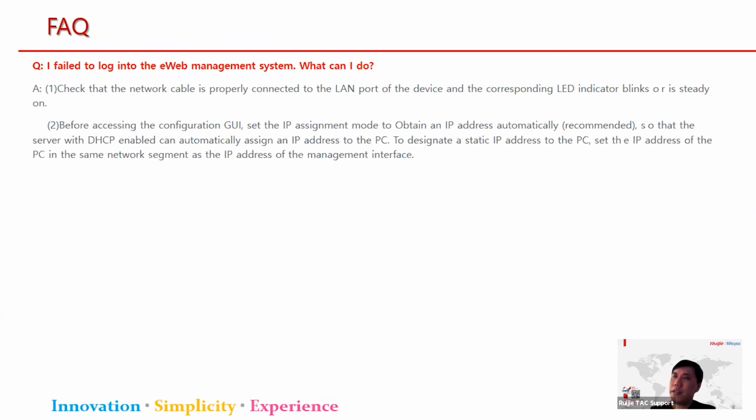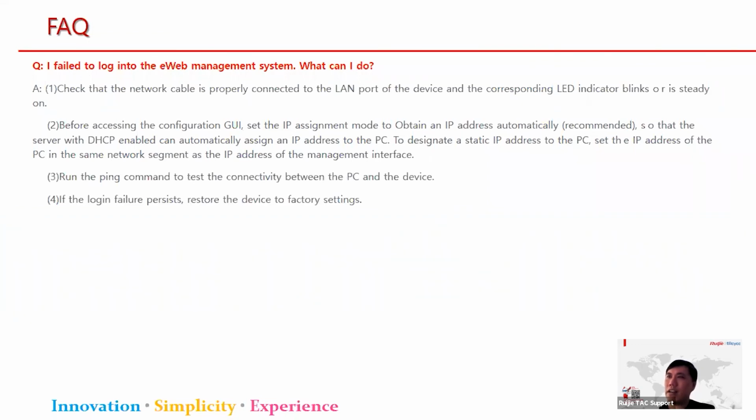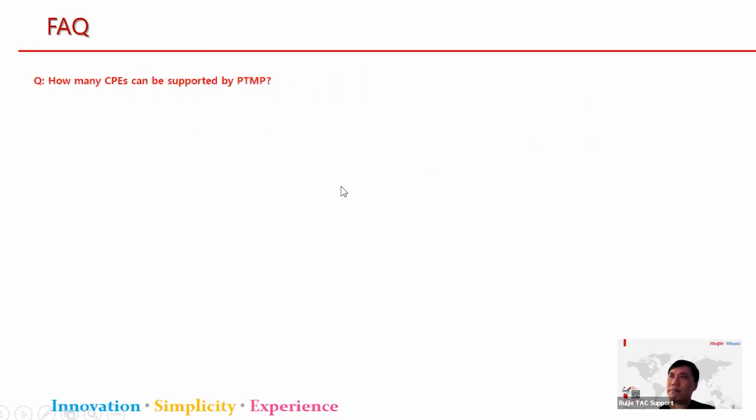Sometimes if DHCP cannot get it, what is the default IP address for our Reyee home router? It is 10.44.77.254. After that, you can run a ping command from the PC to the router.